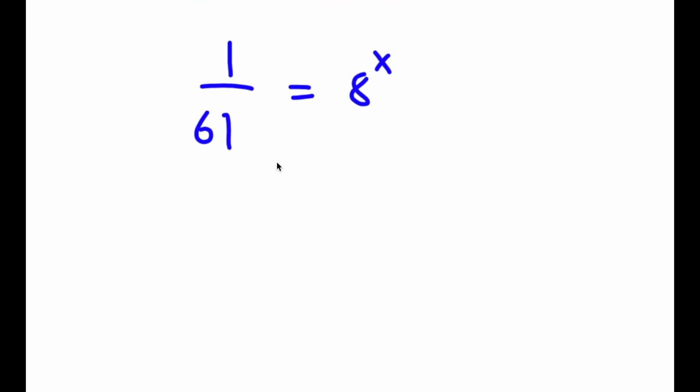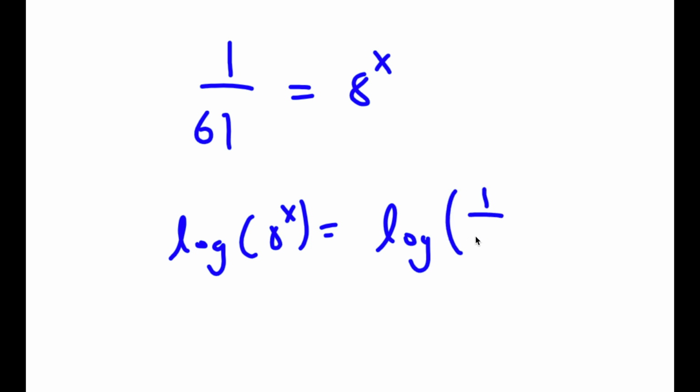So to solve this, I'm actually going to take the log on both sides. So now I have log 8 to the power of x is equal to log 1 over 61.